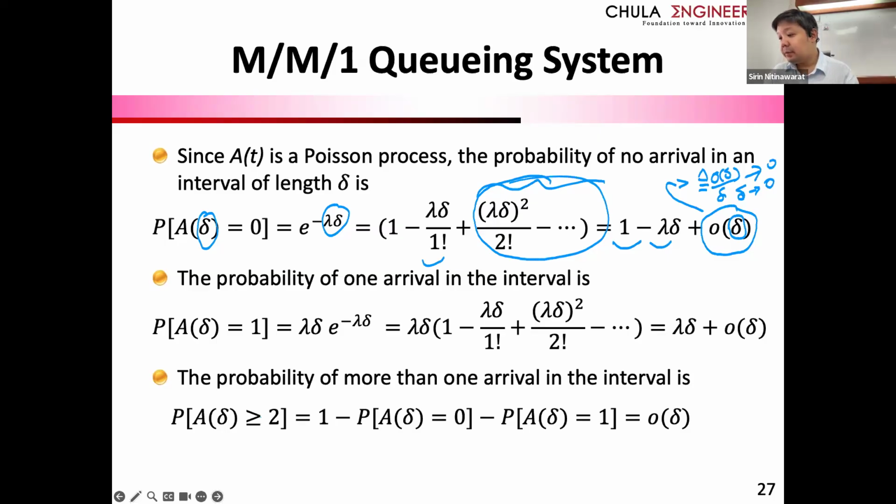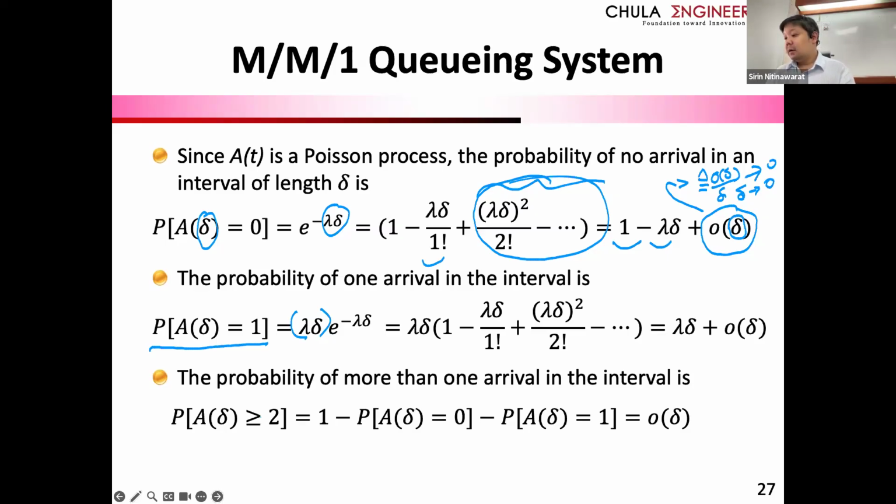What about the probability that there will be only one arrival? Again, you substitute into the formula for the Poisson PMF, but now k would be one. So you get this extra term, because earlier it was lambda delta to the power of zero, which is one. In this case k is one, divided by k factorial, which is also one. So you get that term, and as you can see, it's just the previous probability times lambda delta.